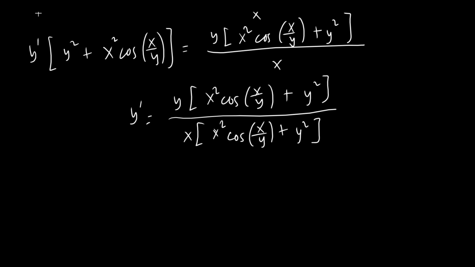So we'll now cancel this one and this one because they are like terms, so we have y prime is equal to y over x, so this is now our final answer.